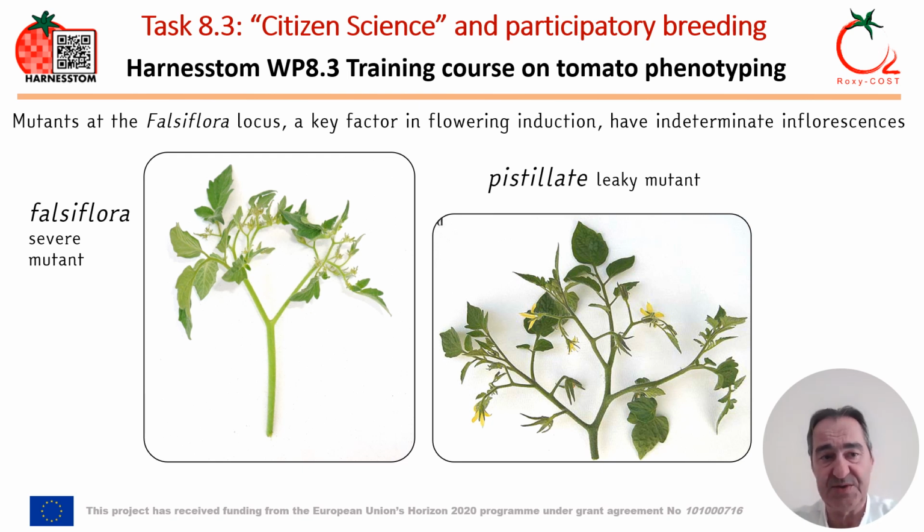Weaker mutations of falsiflora exist, like pistillate on the right. In this case, the flowers can differentiate, although the structure of the inflorescence is still very indeterminate.